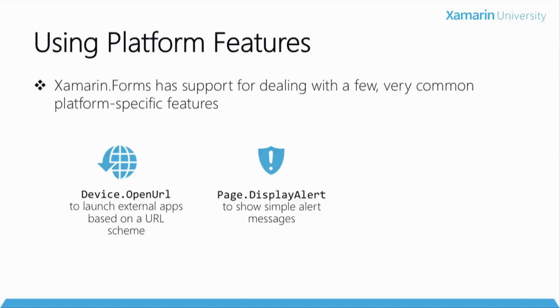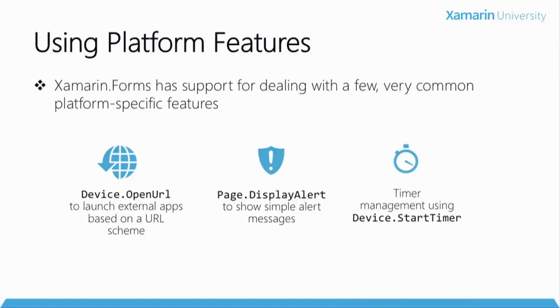On iOS, this will use a UIAlertView or a UIAlertController. On Android, this will use a dialog. On a Windows Phone, it will use a message box. Please note that this is not a static method. The displayAlert is a member of the page base class. So it's not a static page.displayAlert. In your page, it will be this.displayAlert, just to avoid confusion.